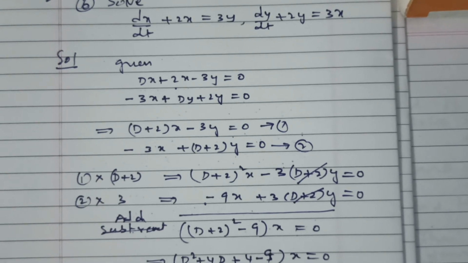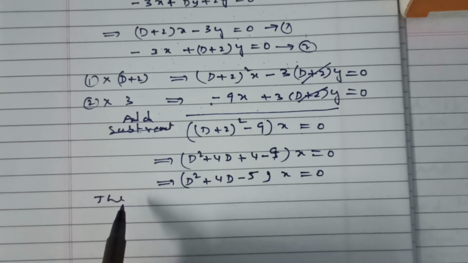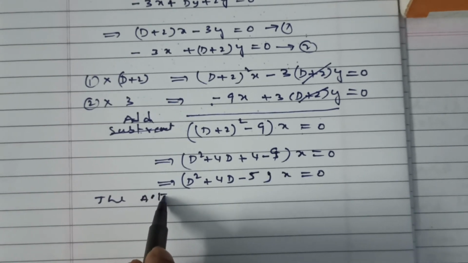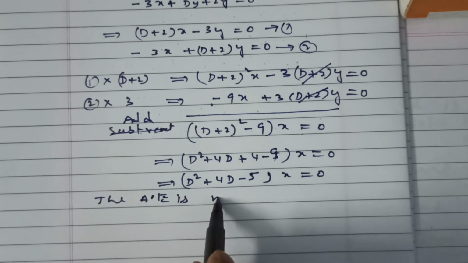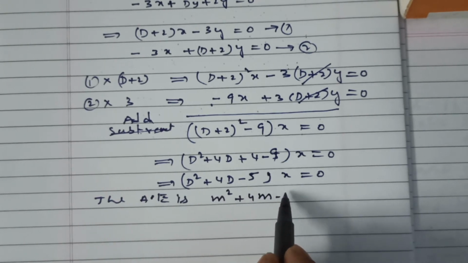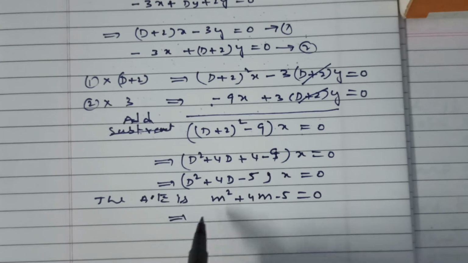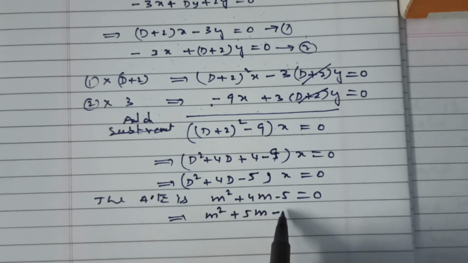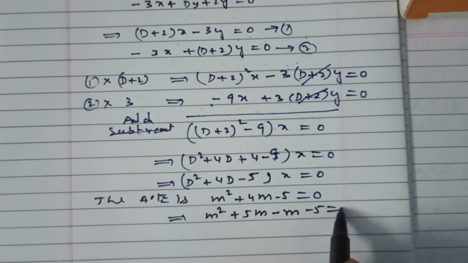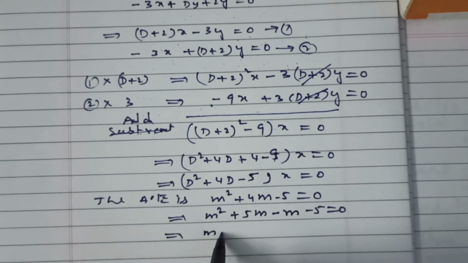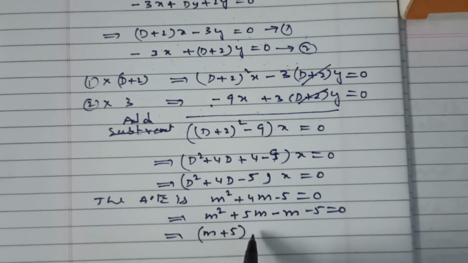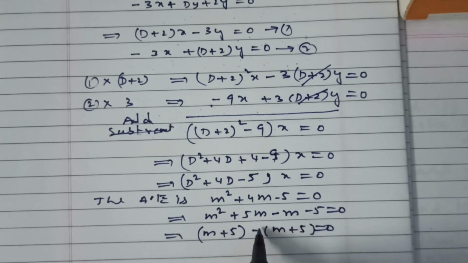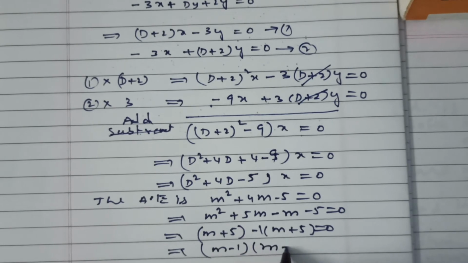The auxiliary equation is m^2 + 4m - 5 = 0, which implies m^2 + 5m - m - 5 = 0, which implies (m-1)(m+5) = 0.